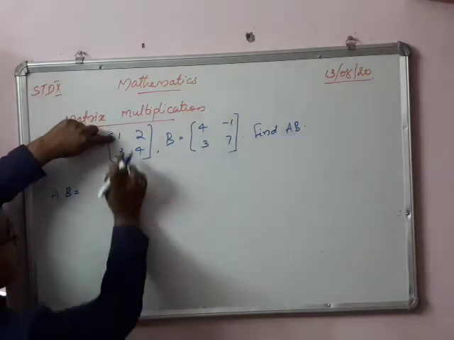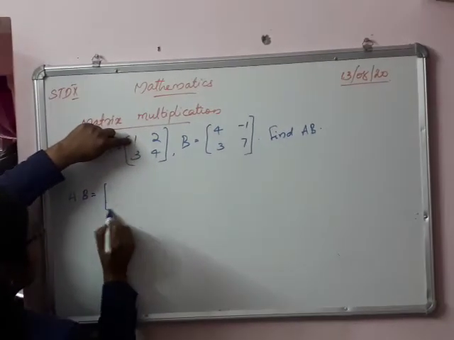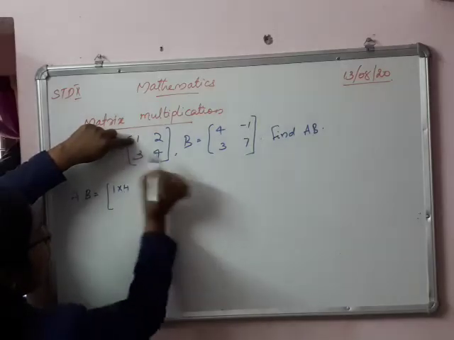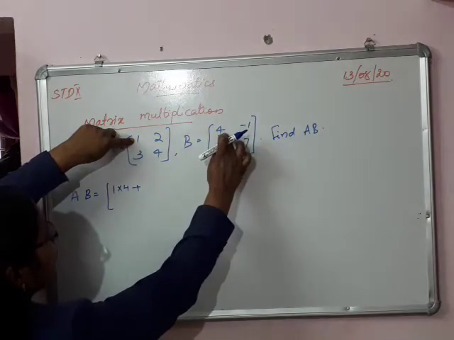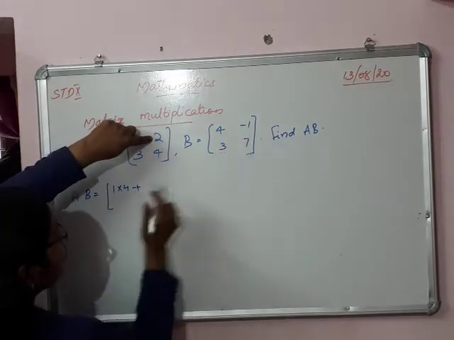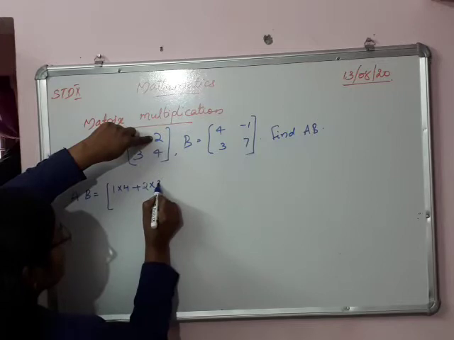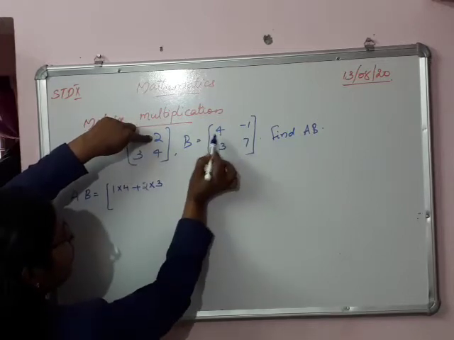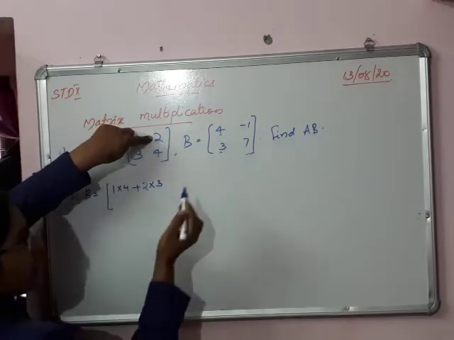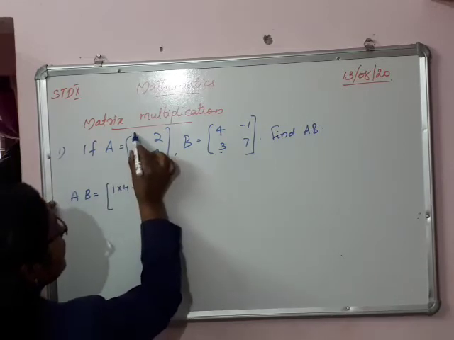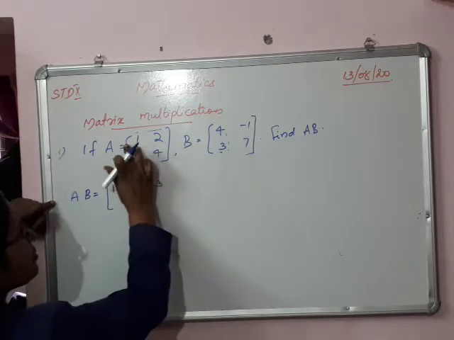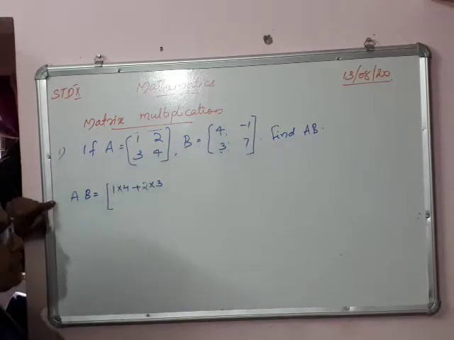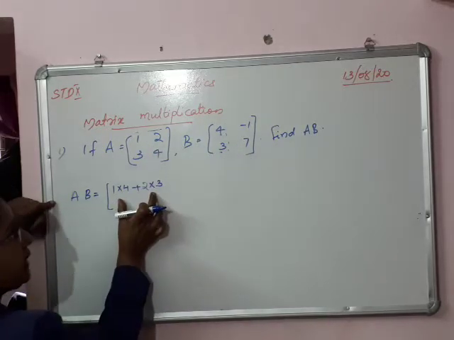Therefore AB is equal to, listen, 1 into 4 plus 2 into 3. It is like that, in the shape of 7. So it is first row, first column. That is the first element.